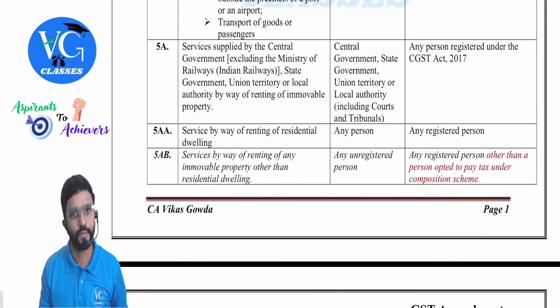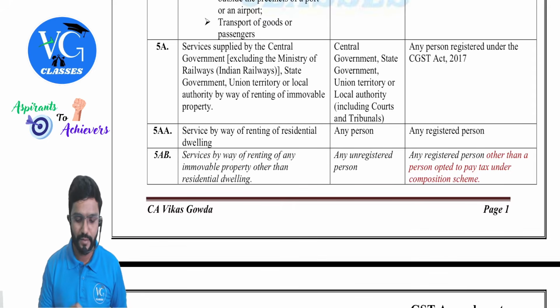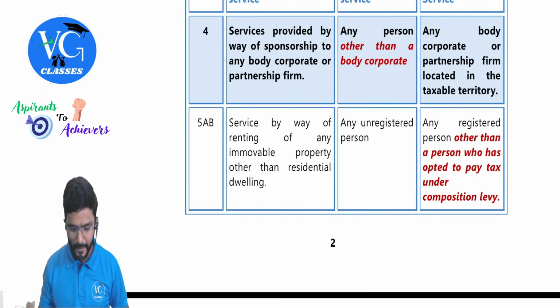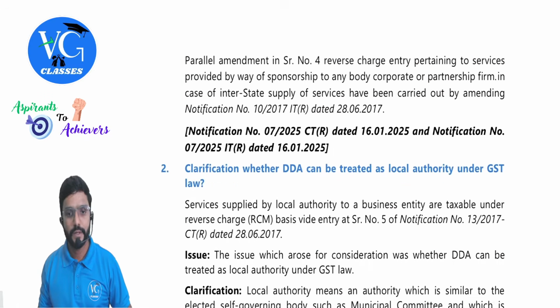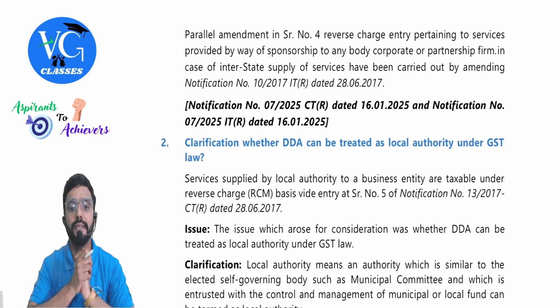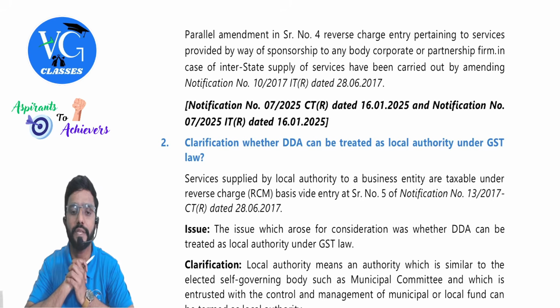Both. Fine. Shall we proceed? Yes. So a parallel amendment in serial number 4, the reverse charge entry pertaining to services provided by way of sponsorship to any body corporate or partnership firm in case of interstate supply of services, has been carried out by amending notification number 10 of 2017.